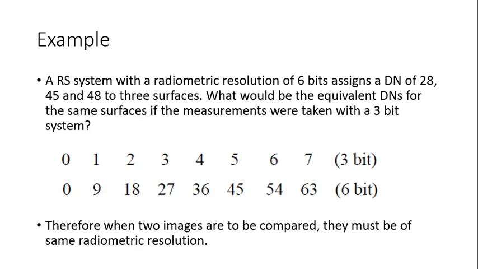So again, come back to this example. Therefore, when two images are to be compared, they must be of the same radiometric resolution. It has to be noted. Otherwise, you will of course get some differences which you can't explain in detail. It would create the worst possible system.